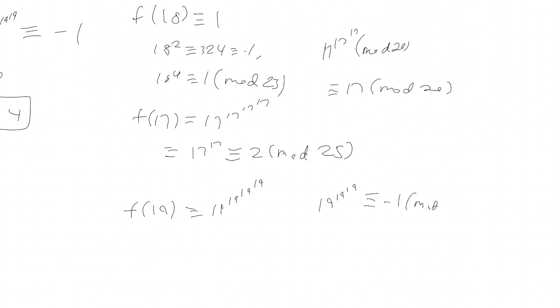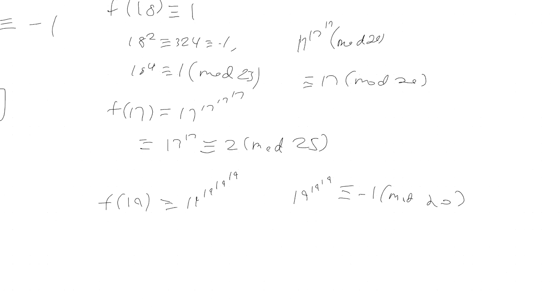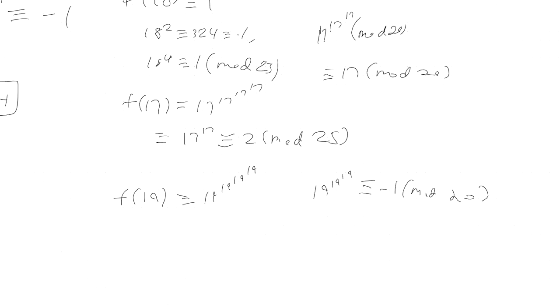It's an odd exponent. So then here, furthermore, we can just get that this F19 is simply congruent to 19 to the -1, which is congruent to 4 mod 25.